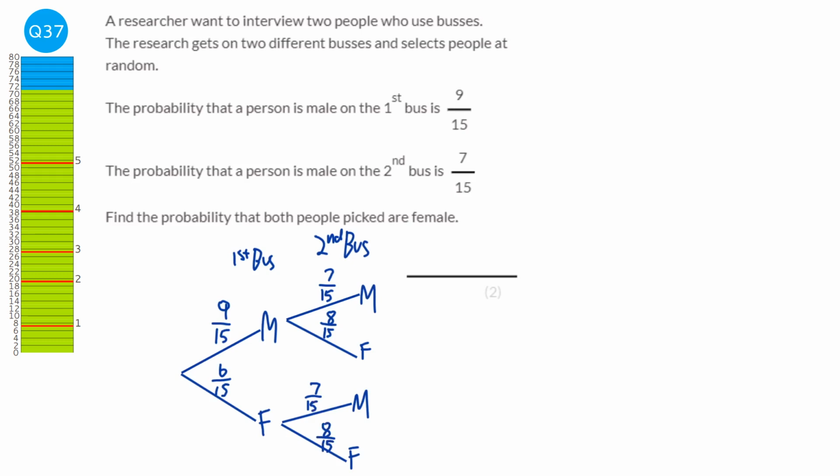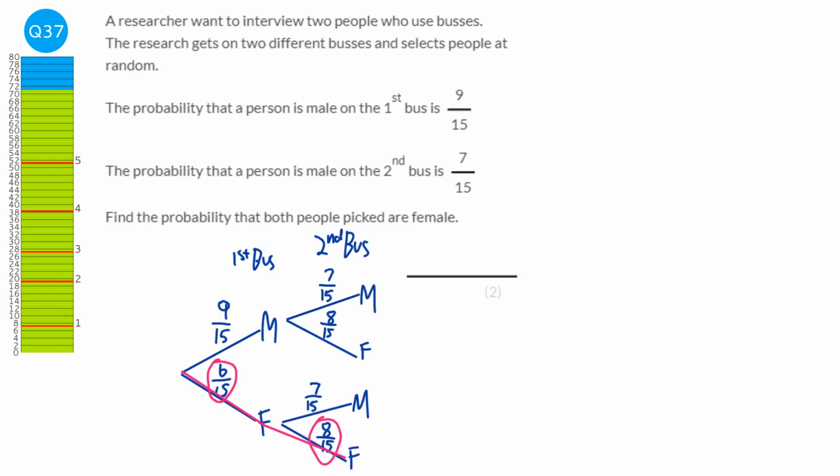So to have both female, we need to have gone down this line at the start, and then this line again. Okay, so looking at the fractions along the way, it's 6/15 and 8/15. The word "and" in probability means times.